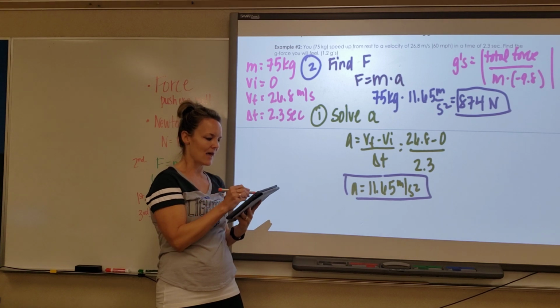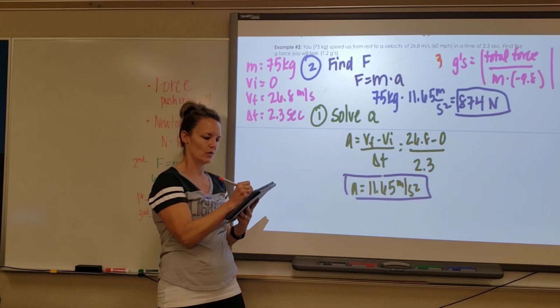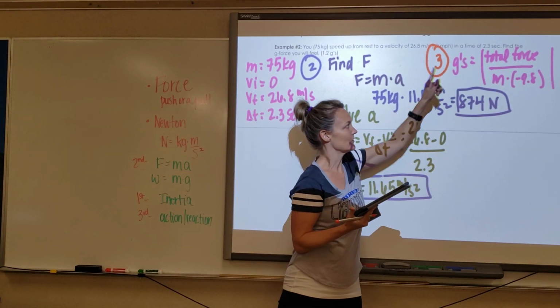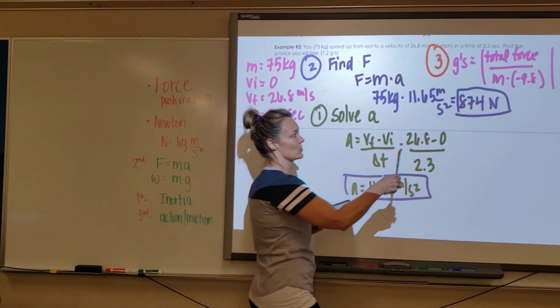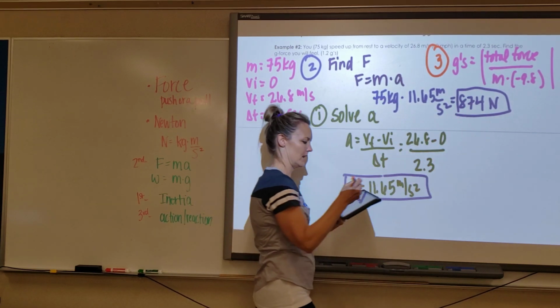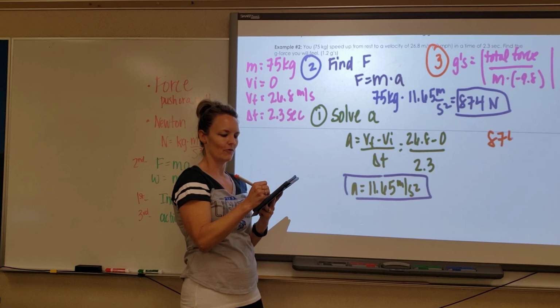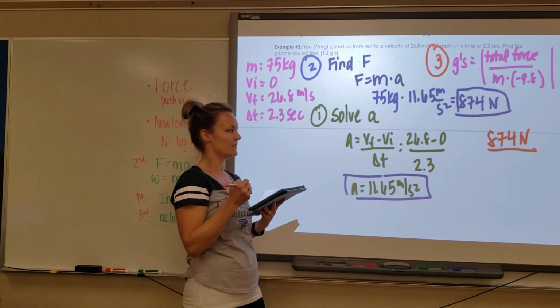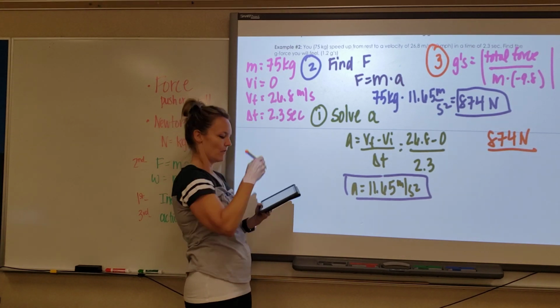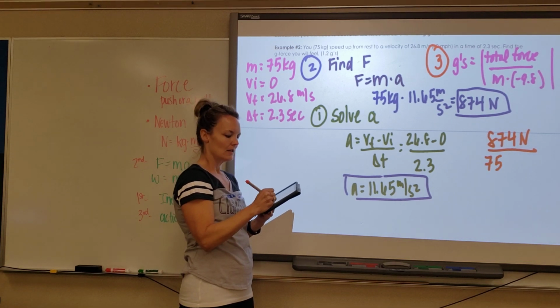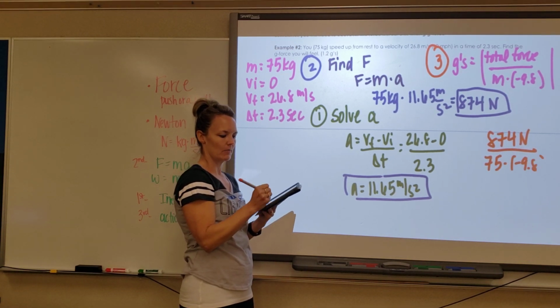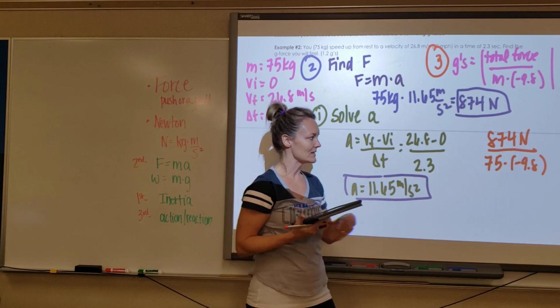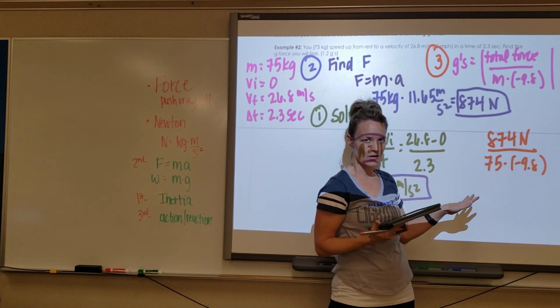My last step, I am going to solve for the number of g's. I need to take the total force. I just solved for it, 874 newtons. I need to divide it by my mass, 75 kilograms, times negative 9.8. When I do that, check it with your calculator quick.